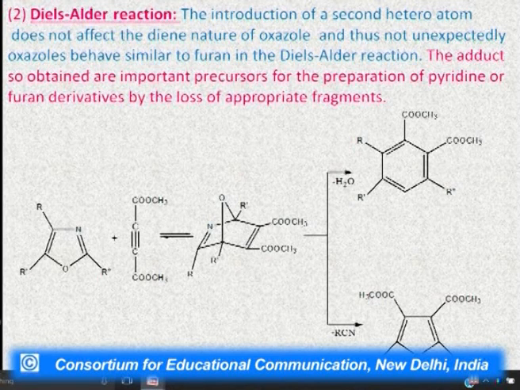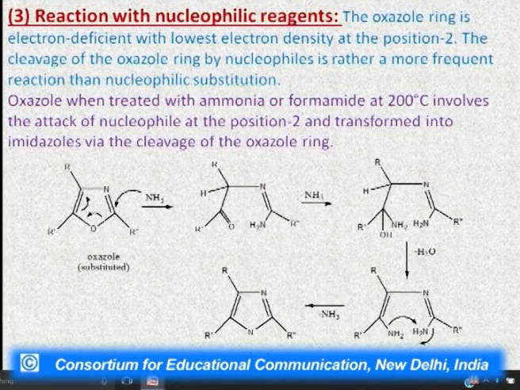Here you can see in the reaction, this is the oxazole and this is a dienophile. Together they make this adduct, which will undergo appropriate fragmentation to give us a pyridine molecule and a substituted oxazole.